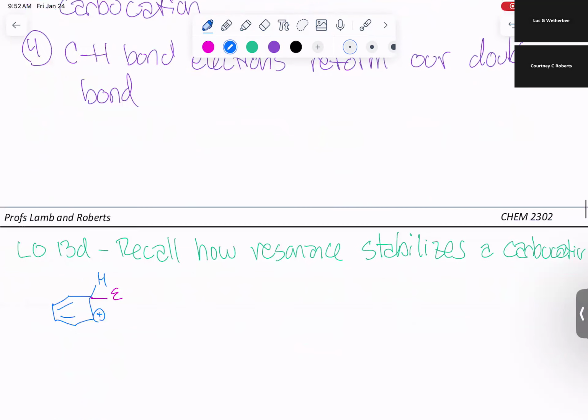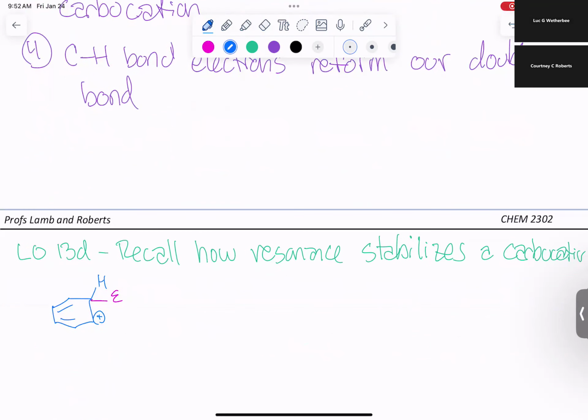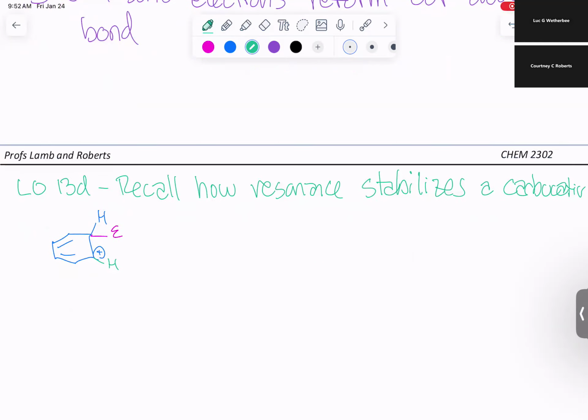Okay, great. Please, if I'm ever going too fast and you didn't have time to write something down, I'm happy to go back. Okay, so we have this carbocation. We know that carbocations are not very stable, right? They're unhappy, they're electron deficient, they're highly reactive species. And we had our leaving group that is sort of acting as our counterion for this.